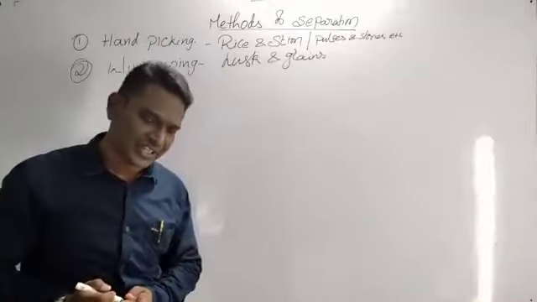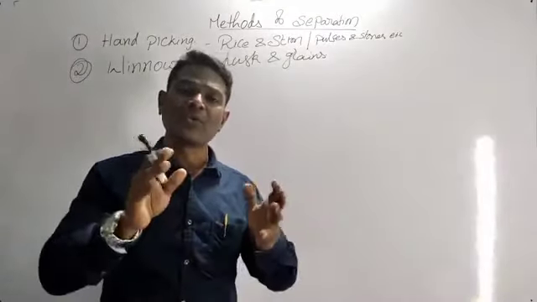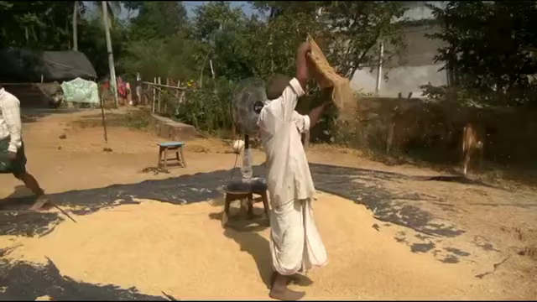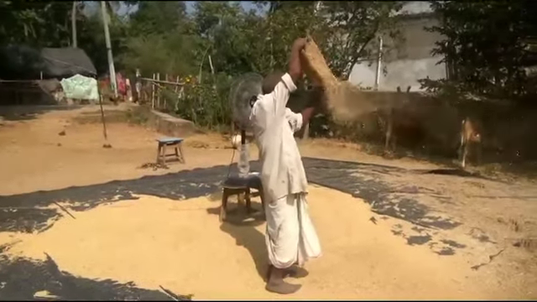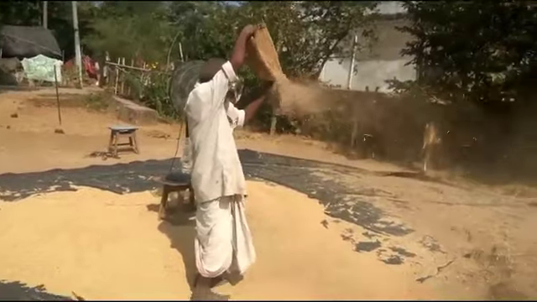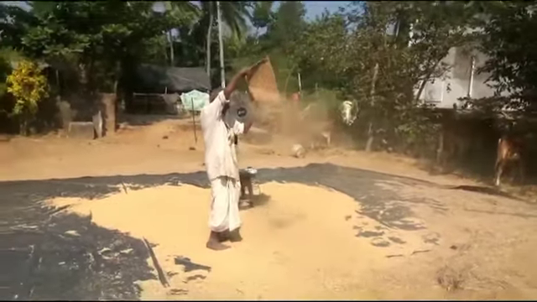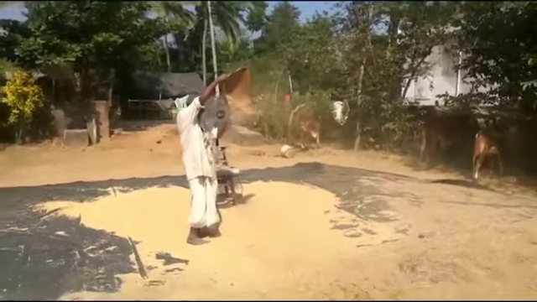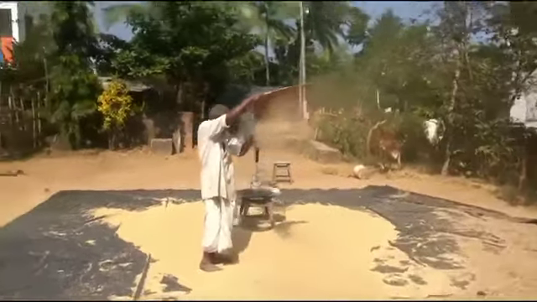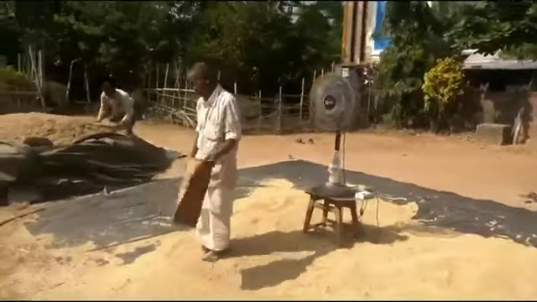All right. Now let's see a small video about how winnowing is done. Now let us look at this process of winnowing. Here you can see a farmer winnowing with the help of wind and with a fan. Why is he taking the help of a fan?